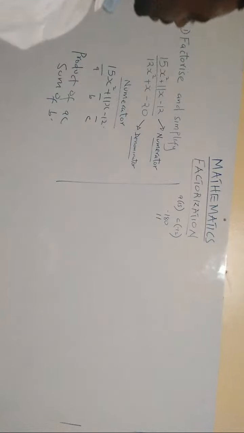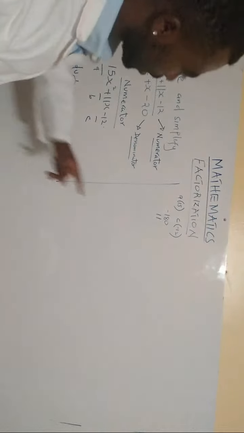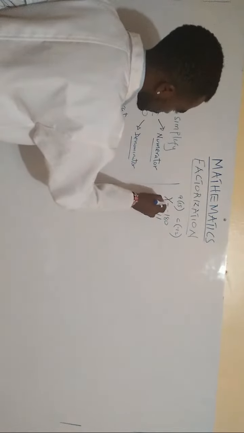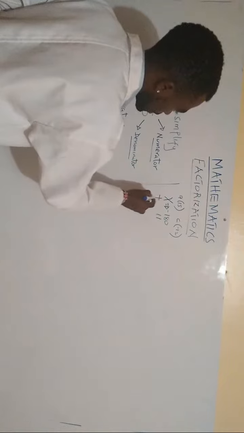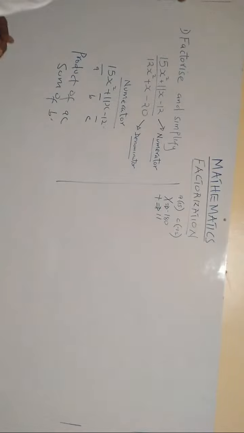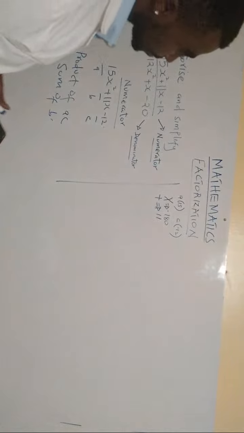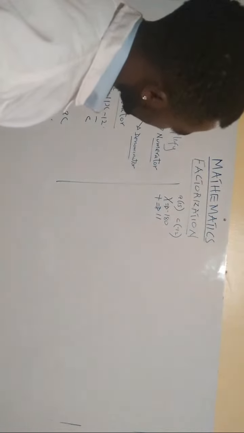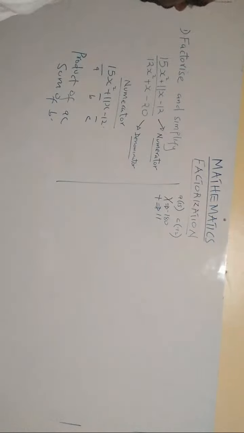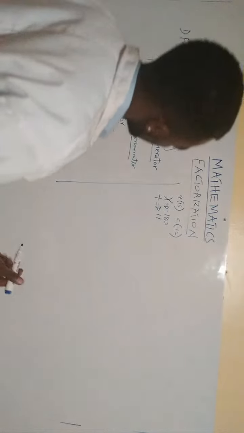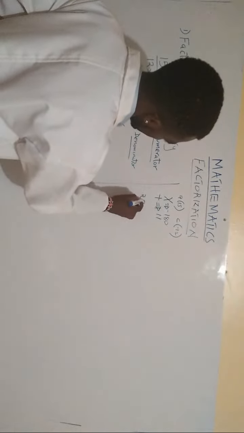So the two numbers, when you multiply them, you get 180, that is the product, and when you add them, you get 11. The two numbers, in my case, are 20 and negative 9.